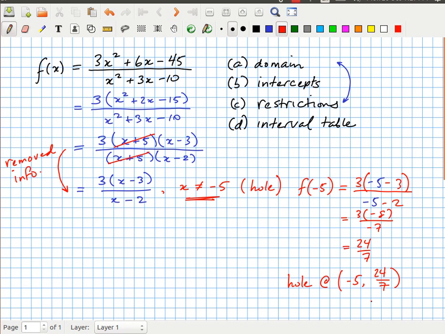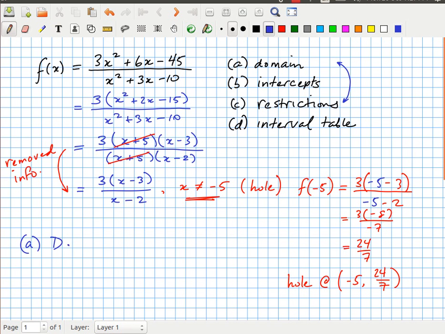So we've got that. Now that we've done this, this might be a good time for us to answer part A. We've gone a little bit off in our own direction, which I told you was fine, but I have an answer to part A right now, which is the domain.